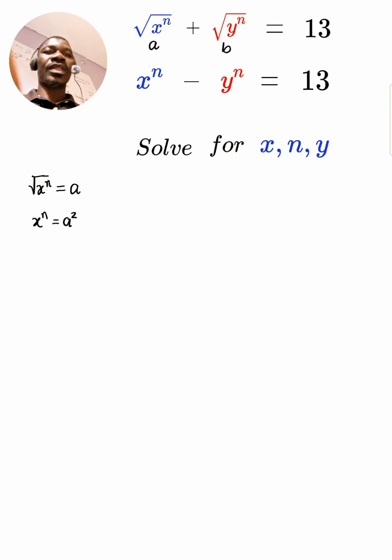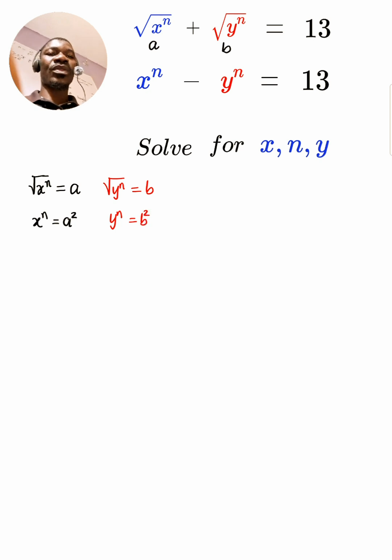The same also applies to b, so if the square root of y raised to n equals b, then y raised to n equals b squared.